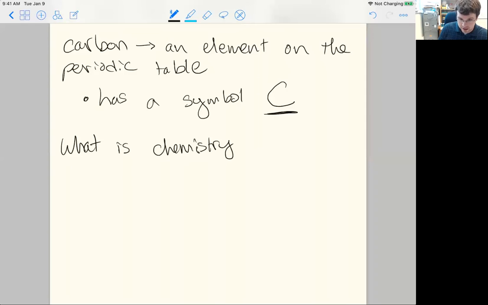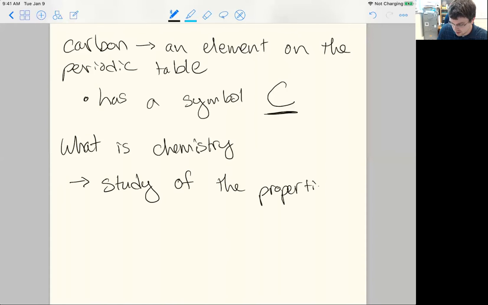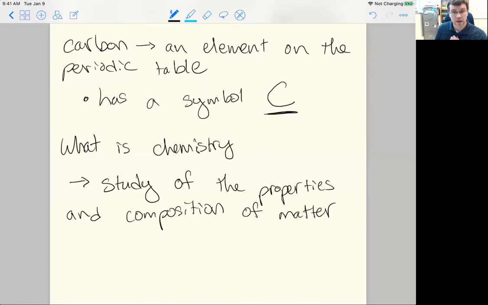Chemistry is the study, or involves the study, of the properties and composition of matter.